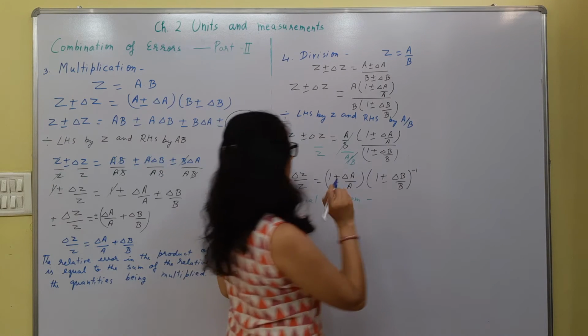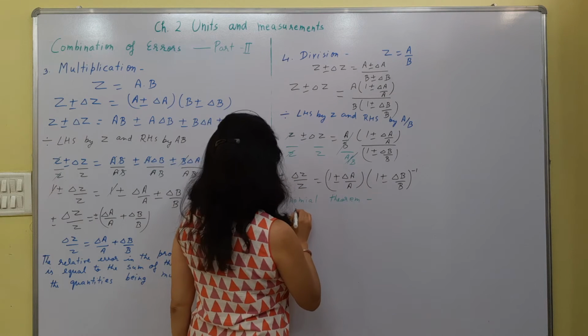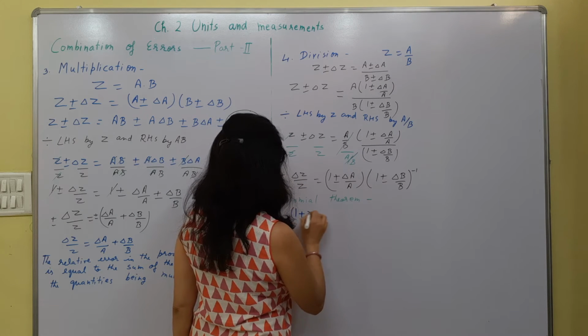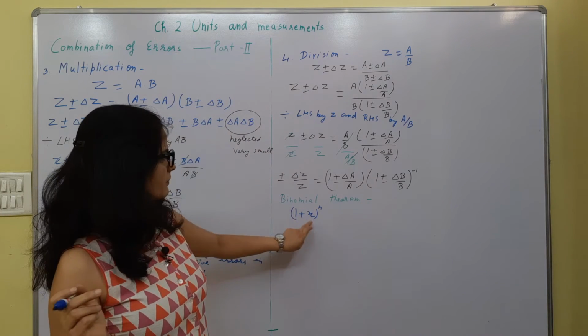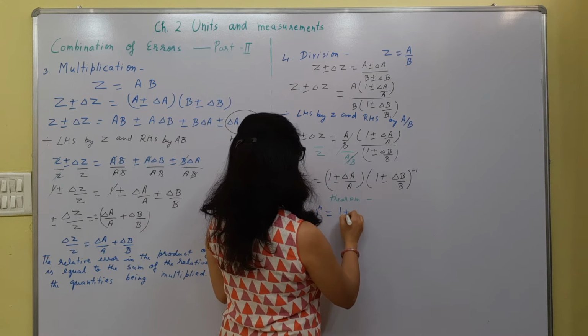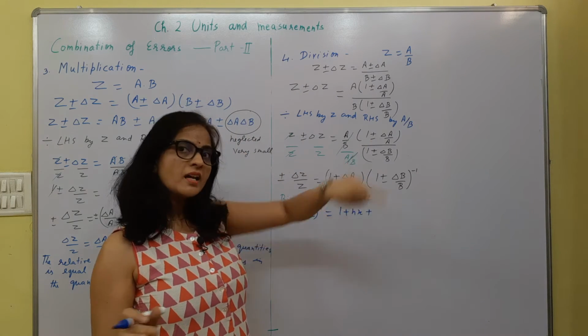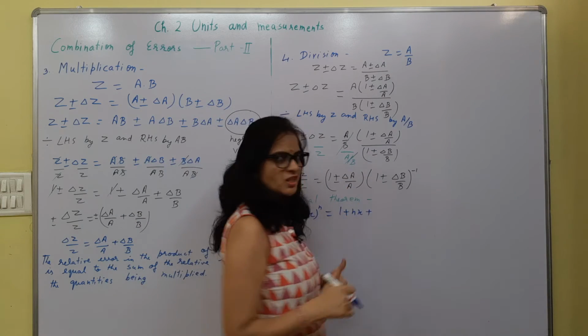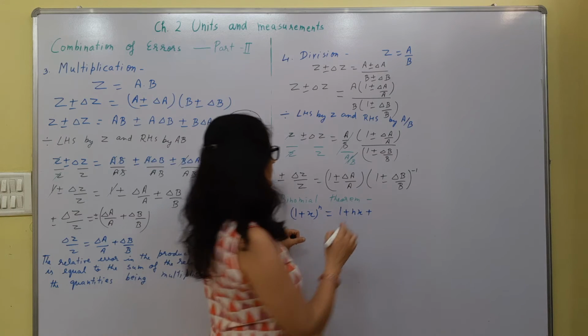It says that if we have a very small quantity x, then the expansion of 1 plus x to the power n is given as this, plus higher powers of x, which we will not mention here because we are not doing mathematics, we are applying it in physics, right?